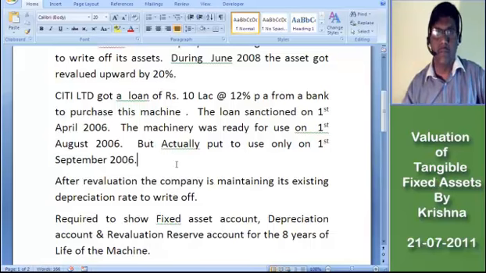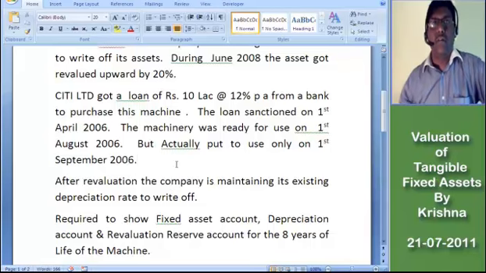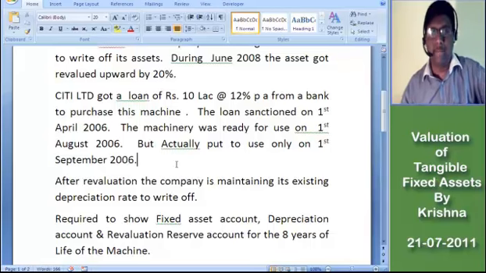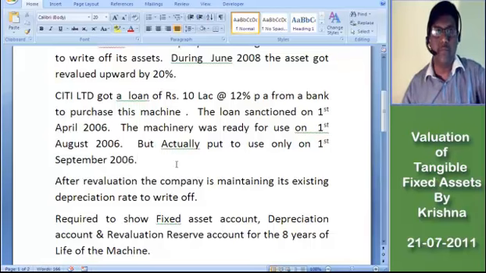Seeing this problem, we have to find the following things. First, in this problem, the depreciation rate is not given, so we have to find it.